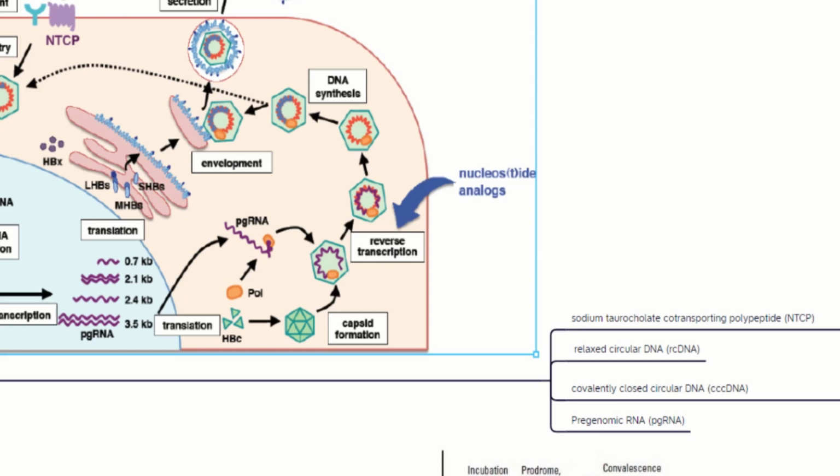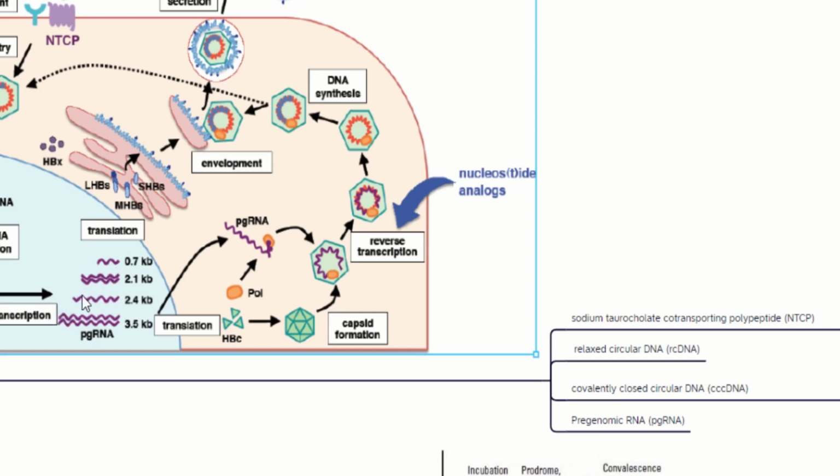Then, with nuclear import, we will have relaxed circular DNA, which is the DNA of hepatitis B. This DNA, which has some parts that are uncoiled and single strand, will be complemented to get the cccDNA. This is covalently closed circular DNA.